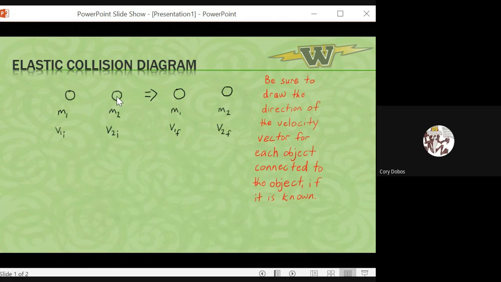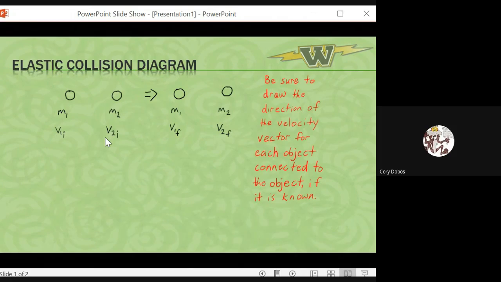For example, if the second object was moving to the right, then from the middle of the circle, you draw an arrow to the right. If the object was going up, draw an arrow going up. If it was at an angle, draw it at an angle. Whatever the objects are doing, draw that on the actual object in the correct direction. If the object is at rest, then you don't draw a velocity vector on it.